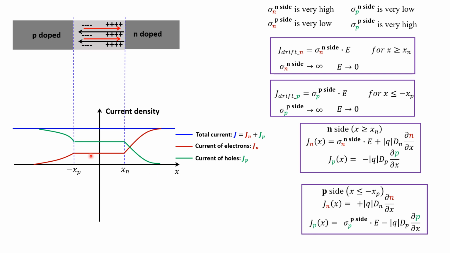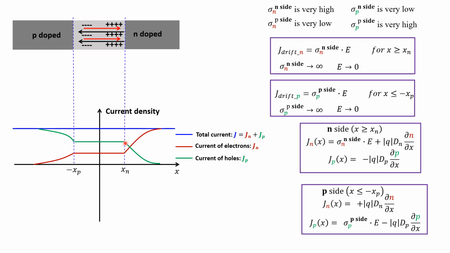So we could, in principle, calculate the current at this point here and the current at this point here, and take advantage of the fact that the current within the depletion region does not change significantly. So if we take advantage of this, the constancy of the current within the depletion region, by calculating this current here at the edge of the depletion region, we are essentially calculating the current at any point within the depletion region, including this point.